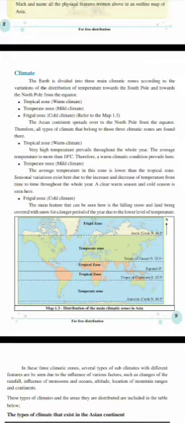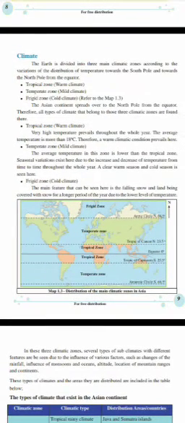The temperature is lower than the tropical zone, but it increases and decreases throughout the year because of seasonal variations. A clear warm season and cold season is seen here.